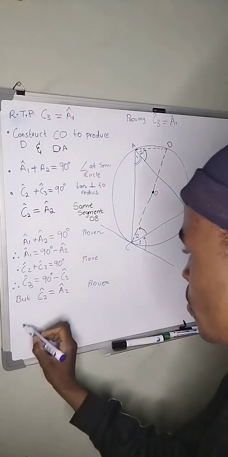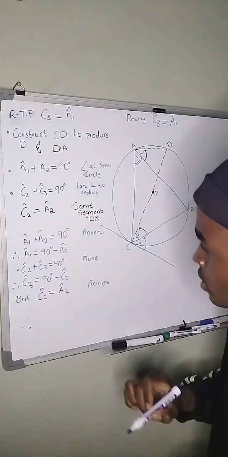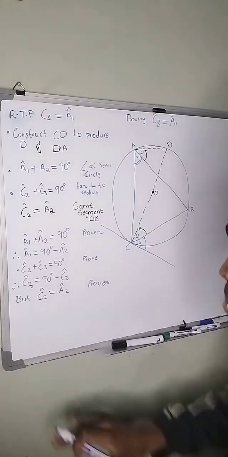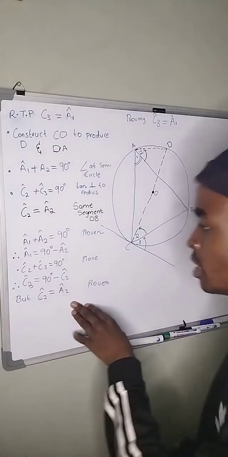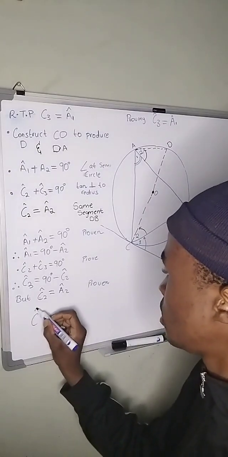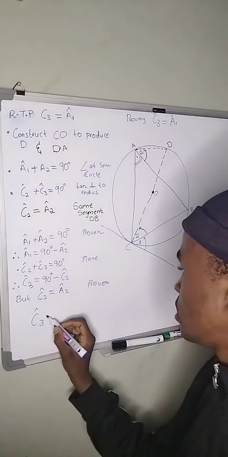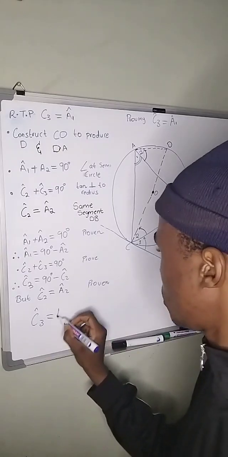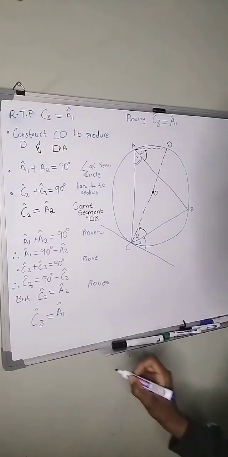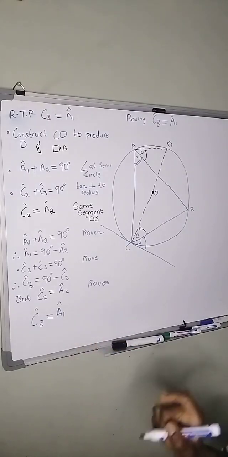Then therefore, let me write it properly. Whenever you reach this one, you can just conclude and say C3 is going to be equals to A1.